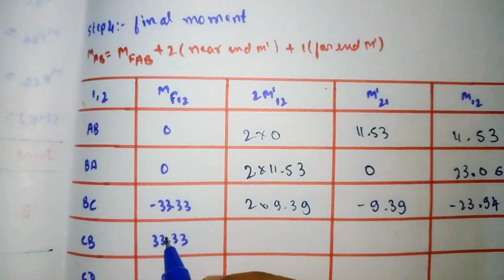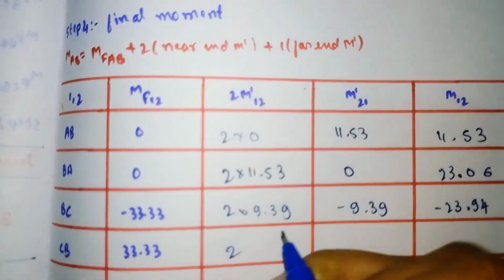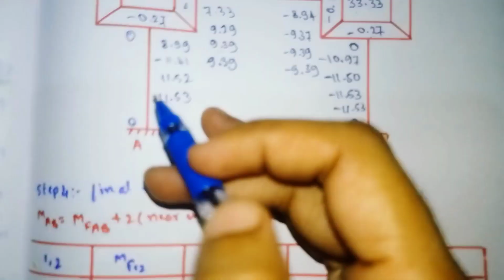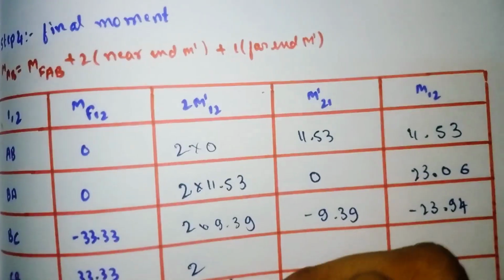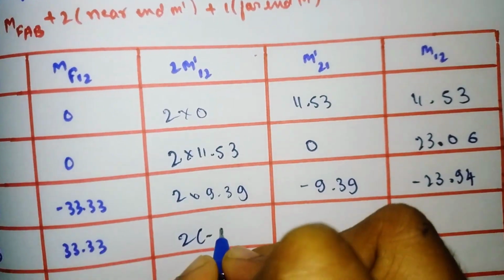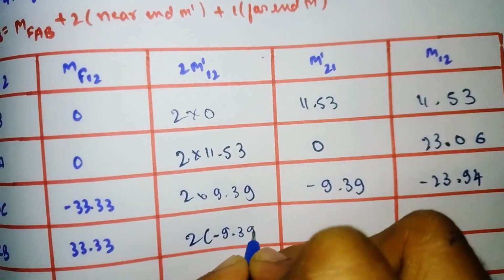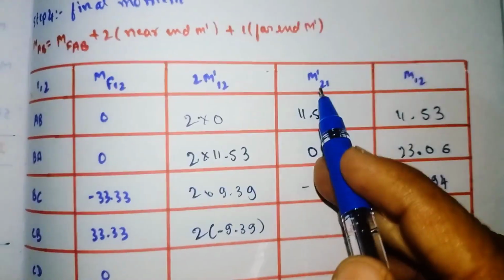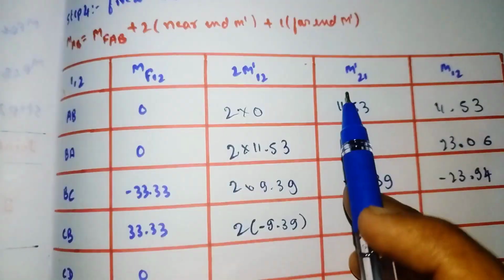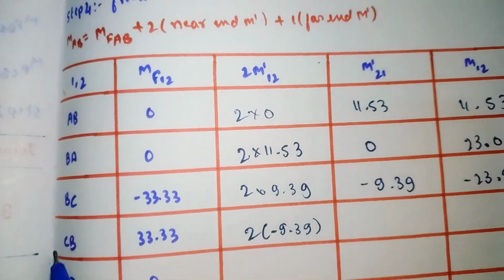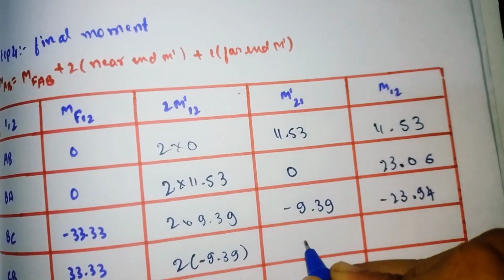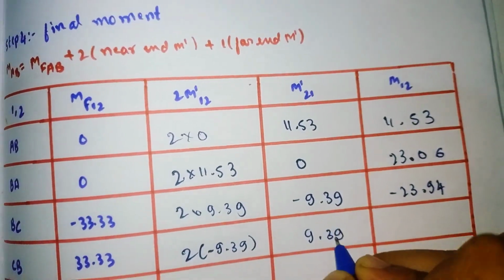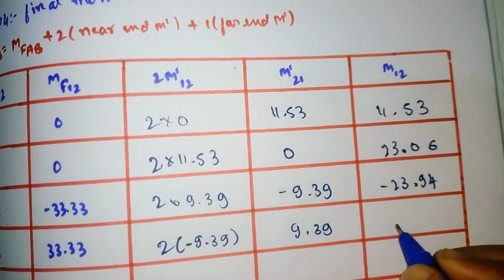Similarly for CB, this is the fixed end moment, and 2 into the rotation factor of CB we got was minus 9.39. So put that value minus 9.39. The rotation factor of 2 1 is nothing but the rotation factor of BC we got was 9.39. So it will come out as 23.94.